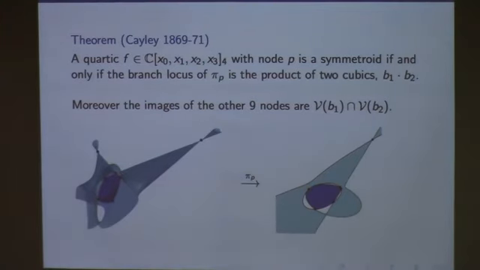What you do is you take the projection from the node and take the branch locus, and your quartic surface is a symmetroid, a determinant, if and only if this sextic curve factors into two cubic curves. That's how you tell. That's what Cayley showed. So that's a characterization of symmetroids using the branch locus.